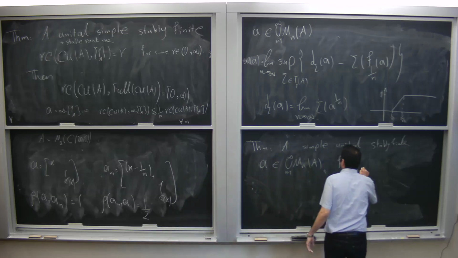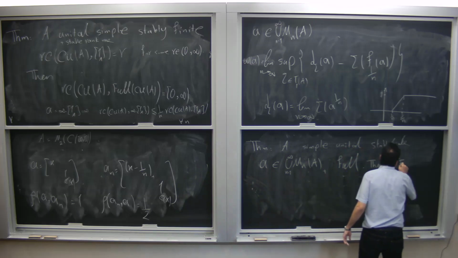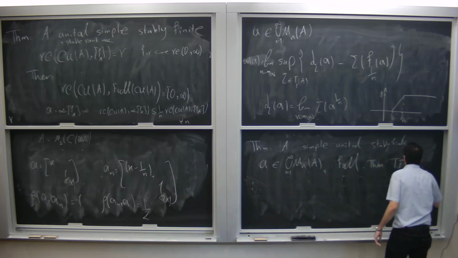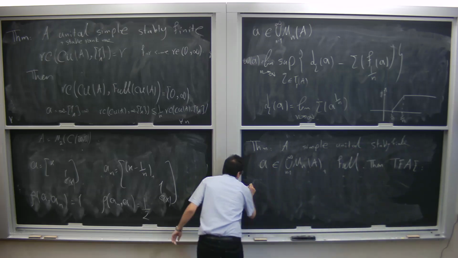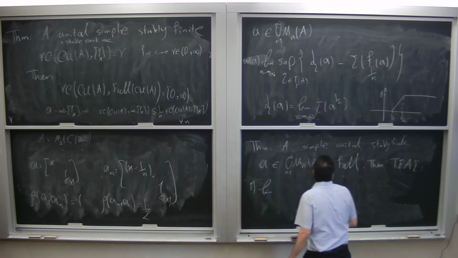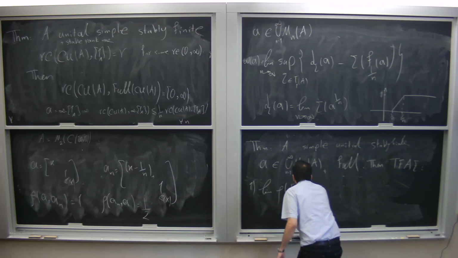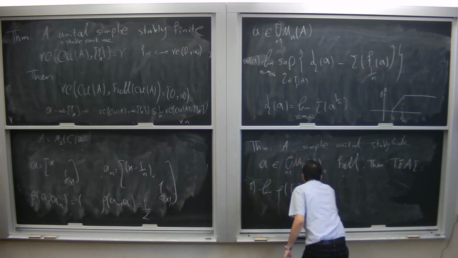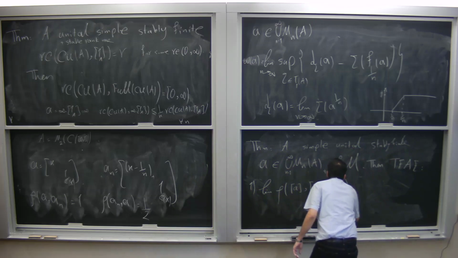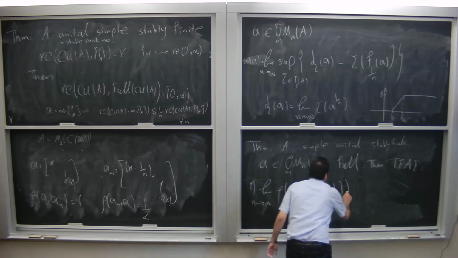If we have this, then the following are equivalent. Number one, the limit of the rank ratio function as n goes to infinity is equal to 1.